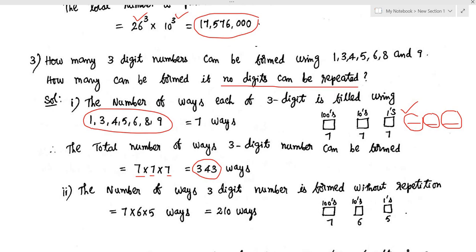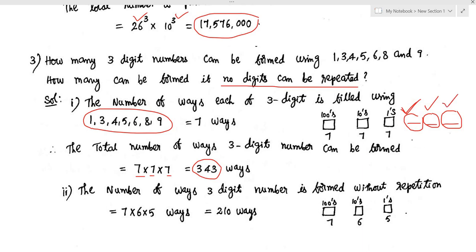Second subdivision, how many can be formed if no digits are repeated? Not repeated means that if one digit is already used in the first place, the same digit should not be reused in the second place. And similarly, the digits used in the first place and second place should both not be repeated in the third place.